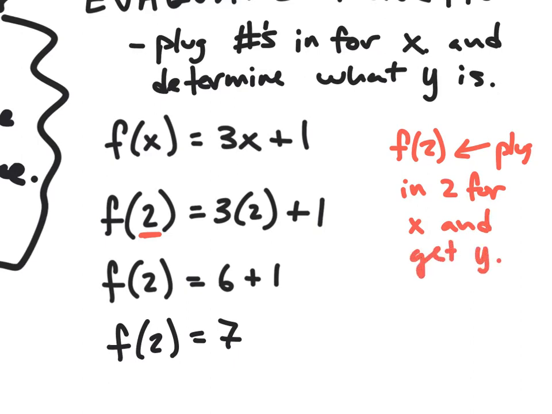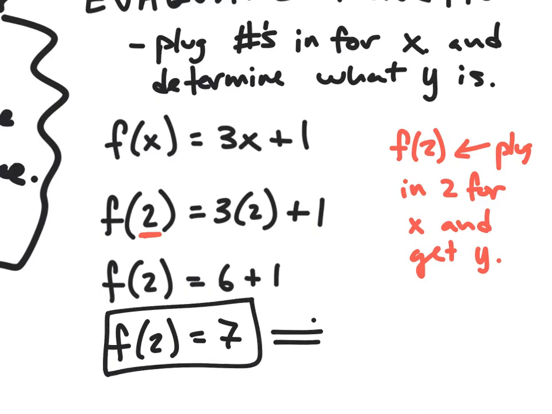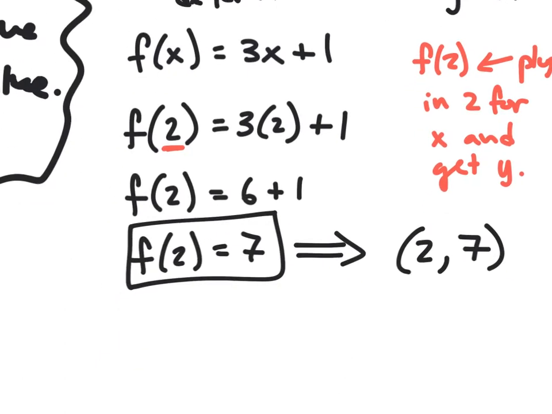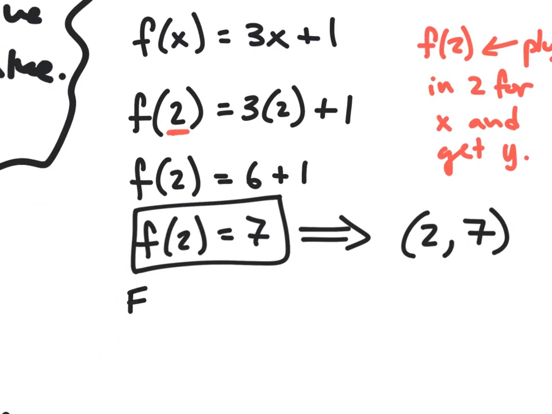That's what that means. And so when I have this answer down here, f of 2 equals 7, this represents a point on the graph. This represents that when x is 2, my y value is 7, okay? Now again, this is in function notation. To show a point, this is how I would write that in function notation.